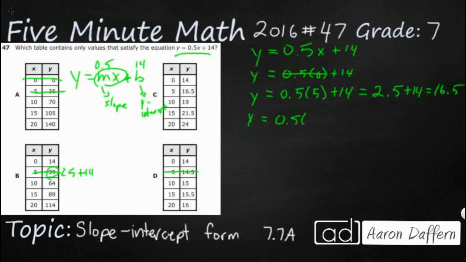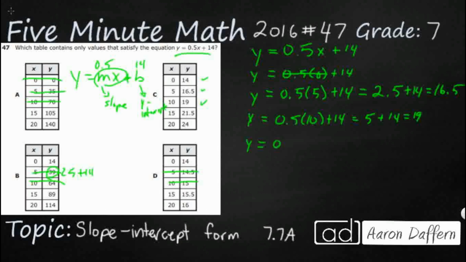Let's make our x 10, plus 14. So 10 times 5 is 50, so 10 times 0.5 is going to be 5.0, right? It's because we're just moving the decimal over one time whenever we multiply by 10, plus 14, so that's 19. Yeah, so we're good on those 3. Everything else has already fallen off there.